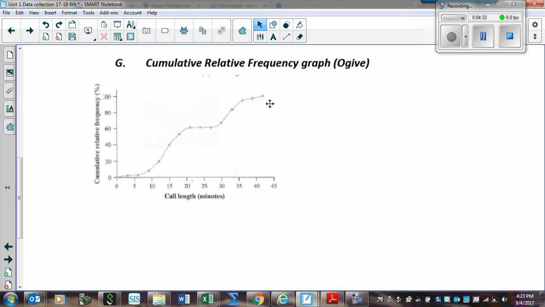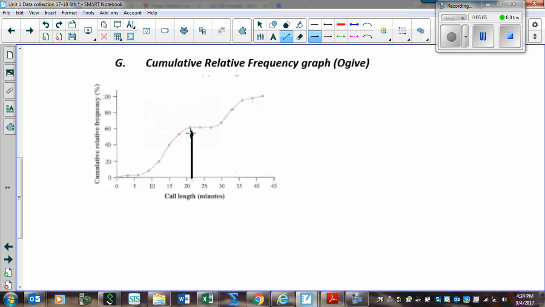And so there's two things we can really tell from this. One is if you're asked to find a certain percentile. So at what percentile is a 21-minute phone call? You would start at your 21 minutes and go vertically from there till you hit the graph.